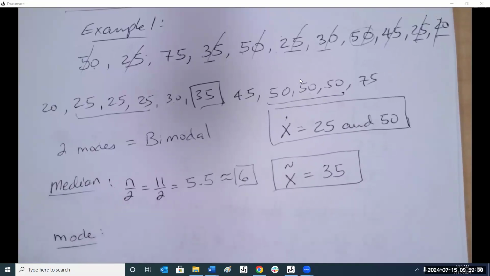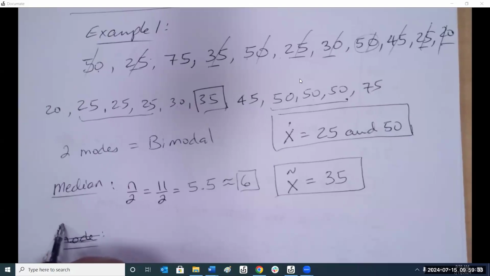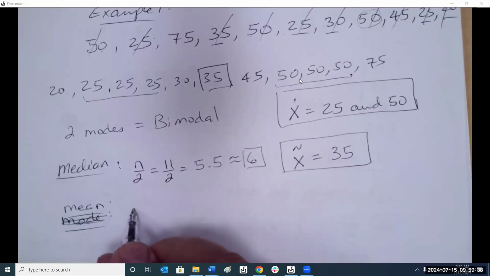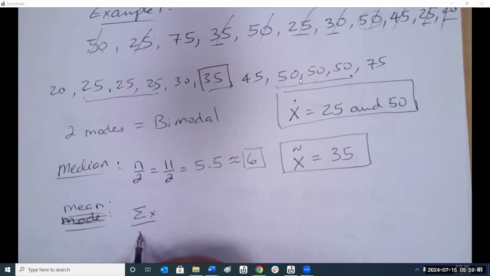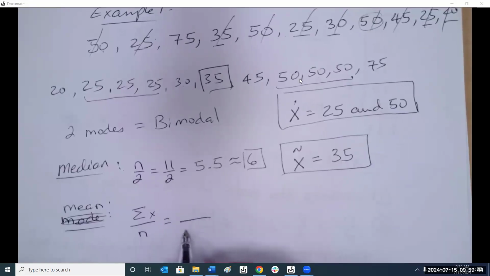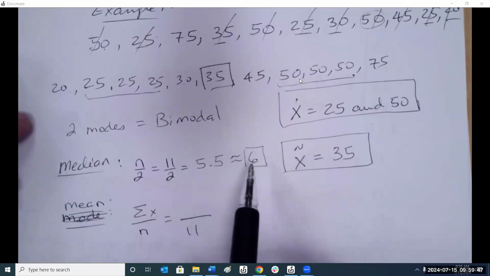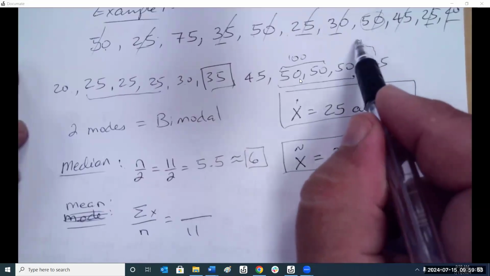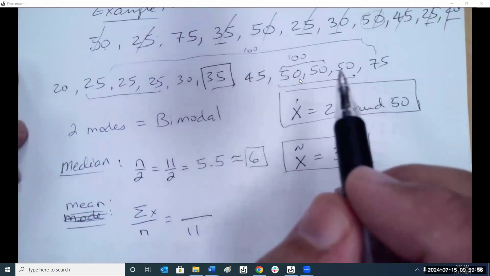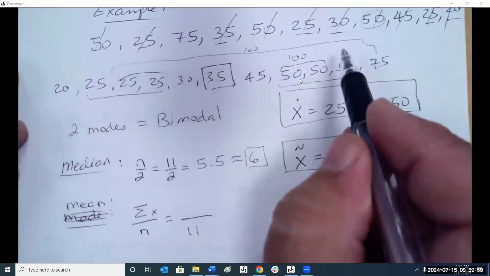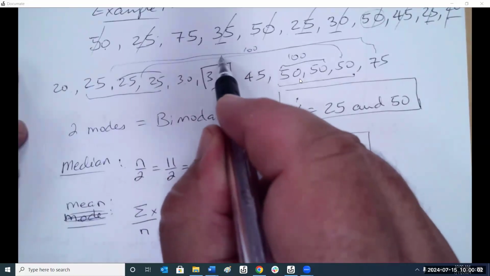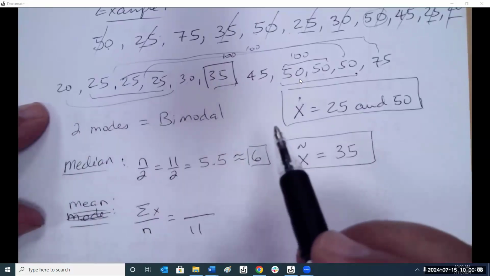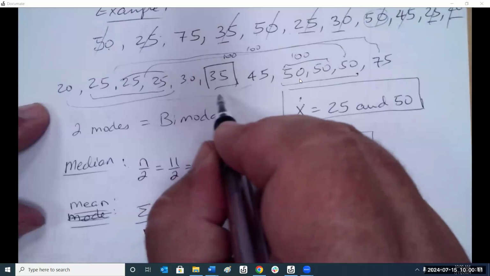Now the mean. This one's the longest one because we have to add them all up and divide by 11. So we have 50 plus 50 is 100. 75 plus 25 is 100. 25 is a 50, so 50 plus 50 is 100. 20 plus 30 is 50. 50 plus, that's 95.